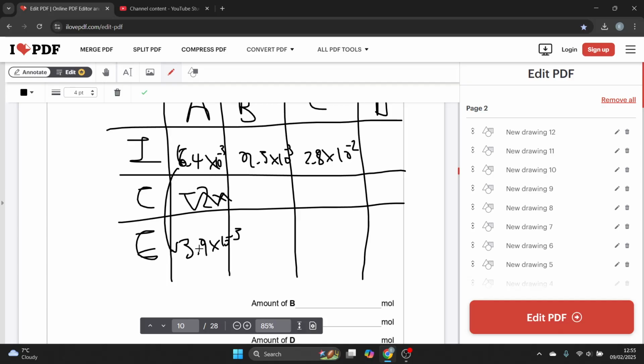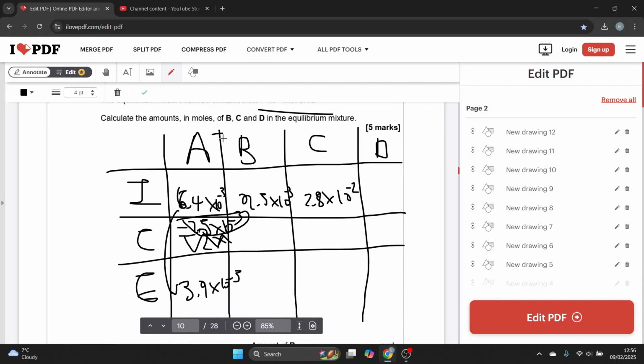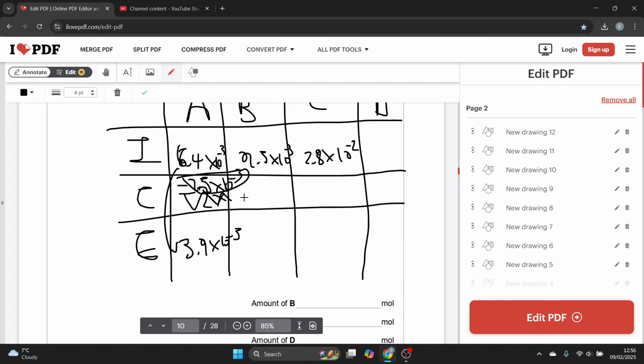How do I get to there? 6.4 times 10 to the power minus 3 minus 3.9 times 10 to the power minus 3, and that gives 2.5 times 10 to the power minus 3. And obviously this is a 2 to 1 mole ratio. If I'm minusing that much here, I'm going to minus 1.25 times 10 to the power minus 3 here. I just divided by 2.